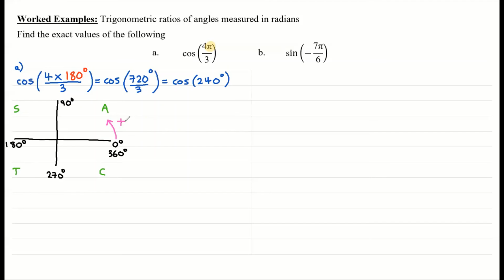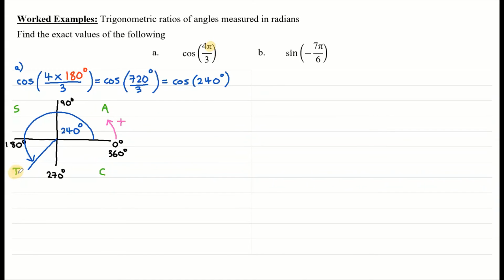So where would 240 lie on this diagram? Well, it's slightly more than 180, between 180 and 270. So it's going to go here. So this angle, which I'm just going to draw on here, we know that is 240 degrees, the angle I've labeled in blue, which puts it in the tan quadrant. So we need to be mindful of that.